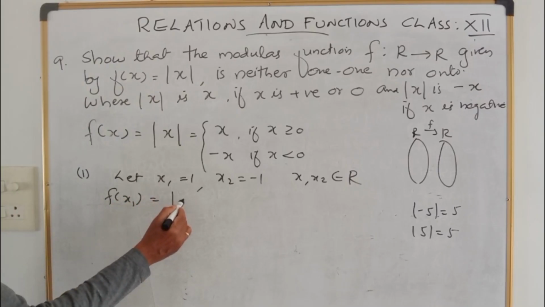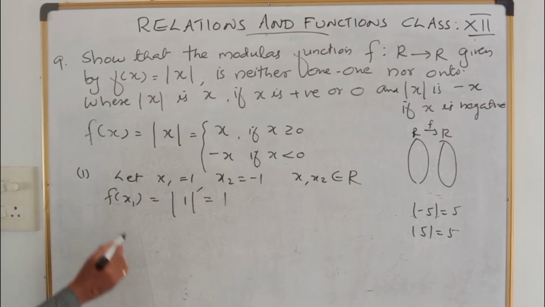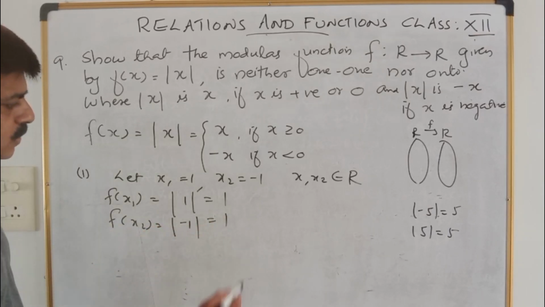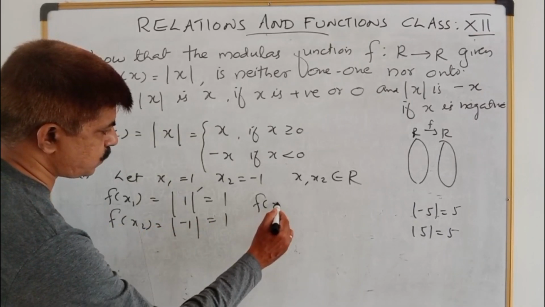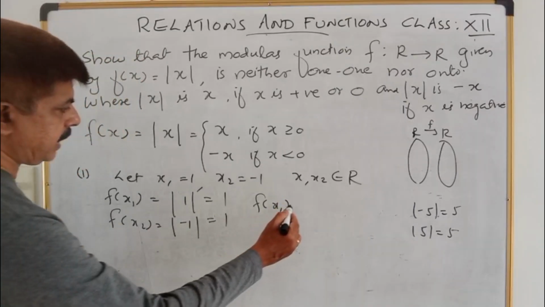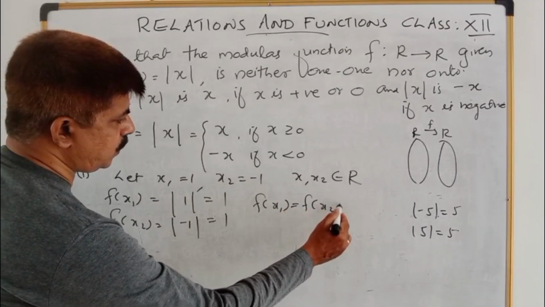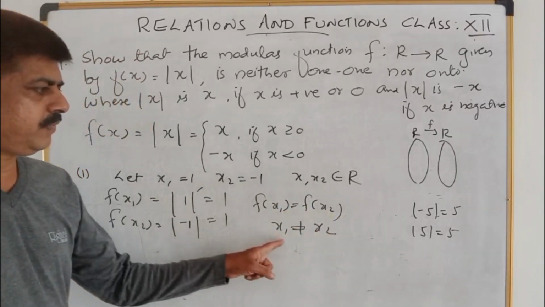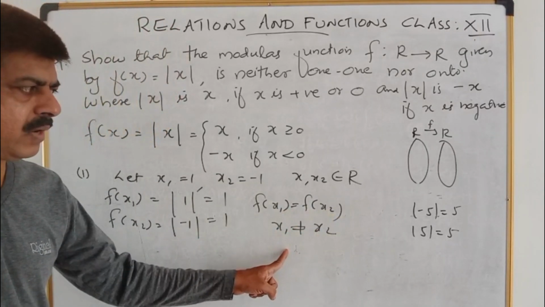F of x1 means 1. F of x2 is what? Negative 1 is 1. So we have f of x1 equal to f of x2, but x1 is not equal to x2. So we understand that it is not one-one.